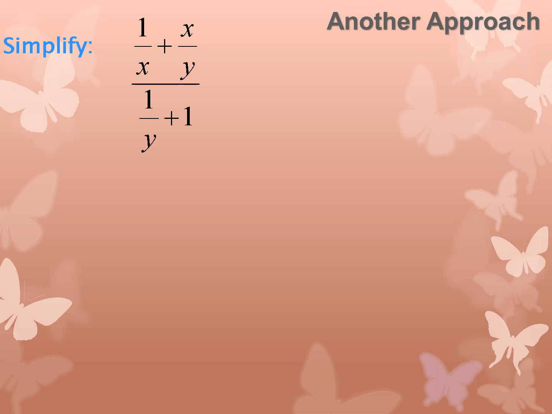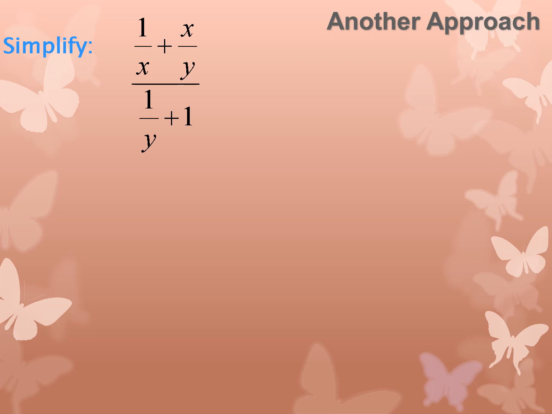Okay, let's look at another approach to simplify the same problem. On the last slide, if you'll remember, we multiplied the LCD of the entire fraction by the top and the bottom, and cleaned it up.